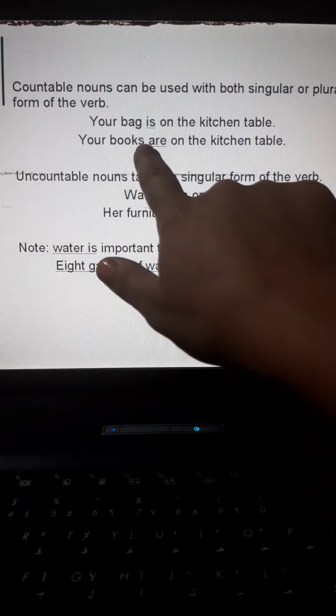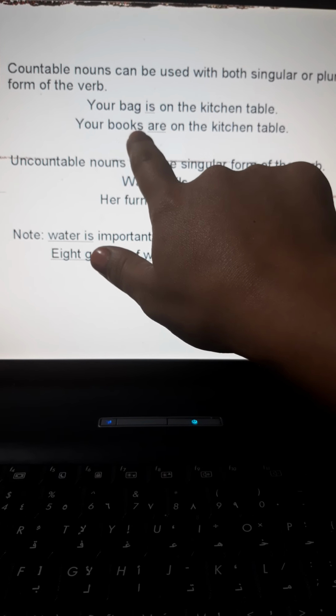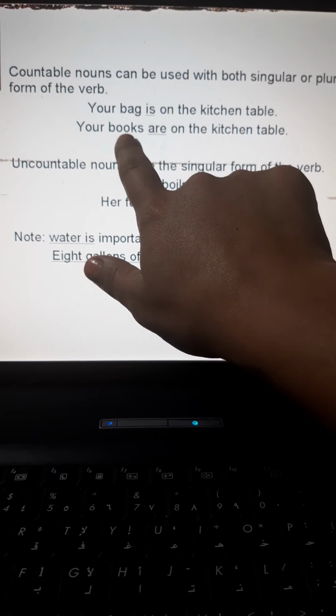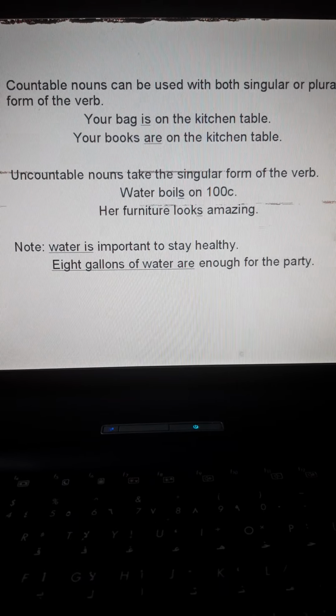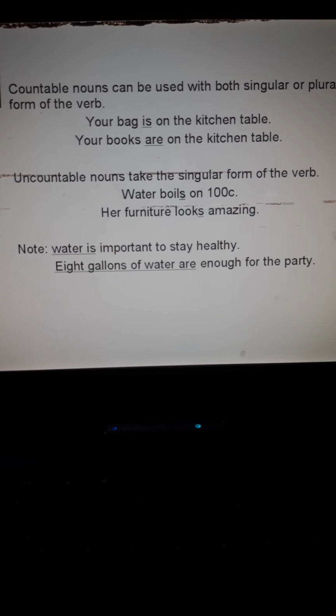Notice that books here. Notice the S. We have a countable plural noun here. And we used are with the noun. So your books are on the kitchen table. So countable nouns can be used with both singular or plural verb.